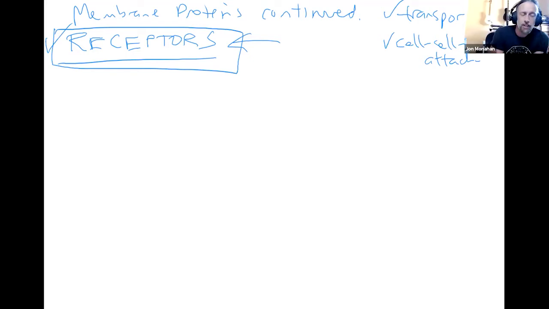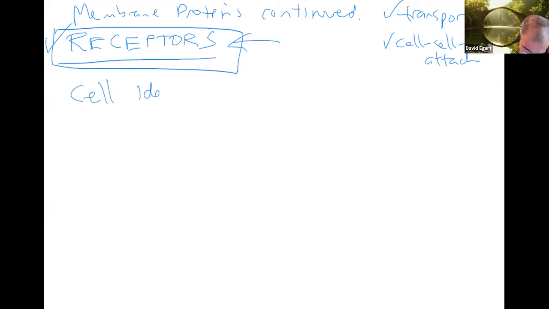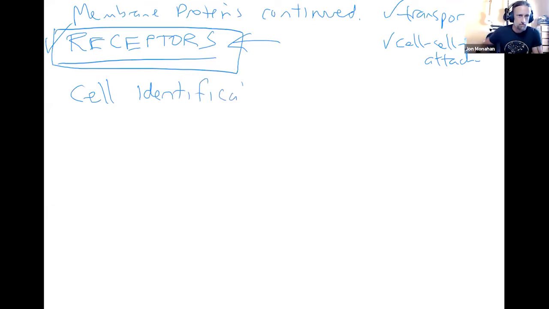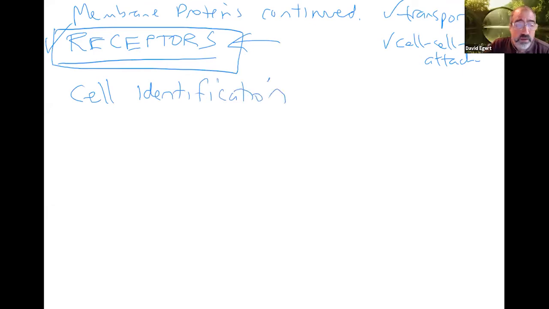They could recognize invaders. Or I would say, they give your immune system the ability to recognize your own cells versus invaders. So like cell identification. We're going to spend much more detail talking about major histocompatibility complex, MHC proteins in the membrane.